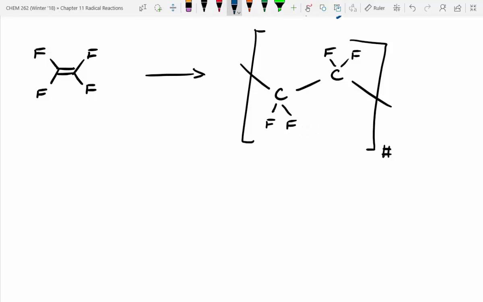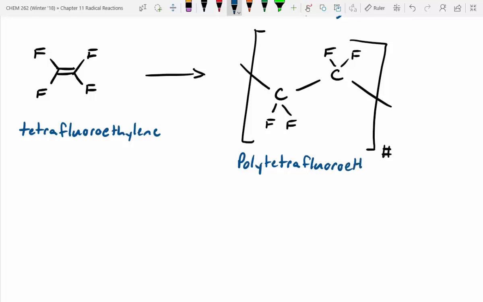And this is called tetrafluoroethylene. And that means that the polymer is polytetrafluoroethylene. Oftentimes, this is just too long to name, so people call this PTFE.